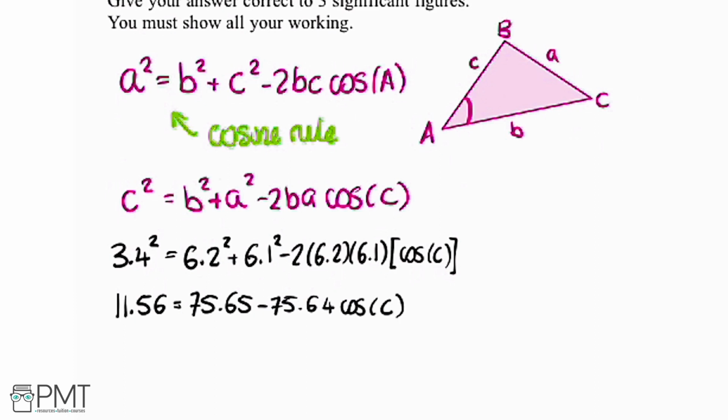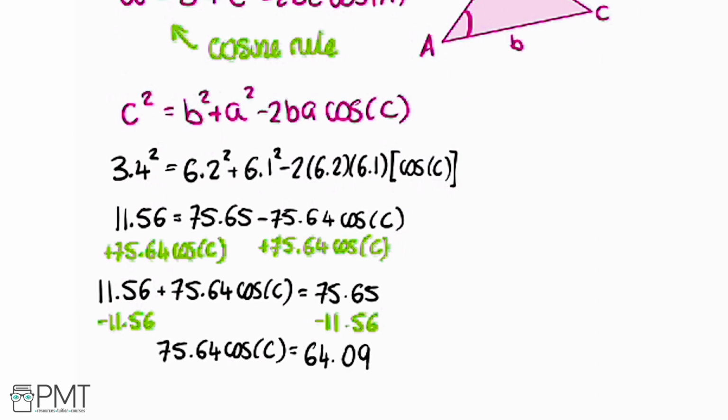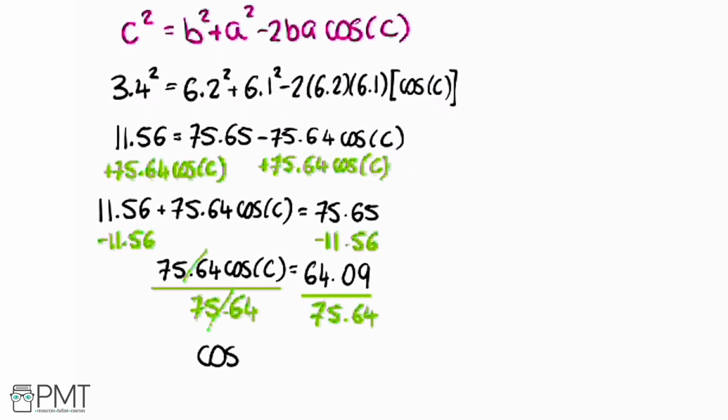Now let's rearrange this so we get our unknown value, our cos C, on the left hand side. So we're going to add 75.64 cos C to both sides. Now subtracting 11.56 from both sides, leaving us with 64.09 on the right. And last but not least, if I divide both sides by 75.64, these cancel here, leaving us with cos C on the left hand side, equaling 64.09 divided by 75.64.